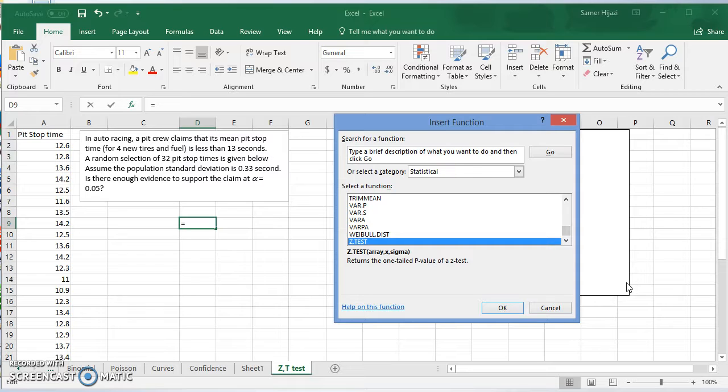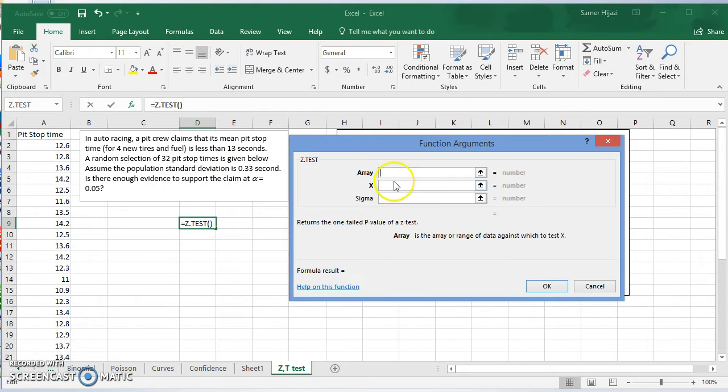We have to be careful with this function because, as it says here, it returns the one-tailed p-value of a z-test. In fact, this function returns the right tail, the p-value to the right of the test statistic. Let's look at what it asks us for.